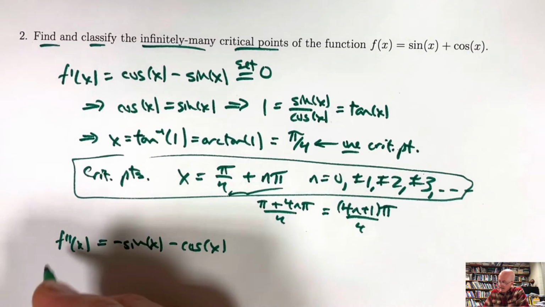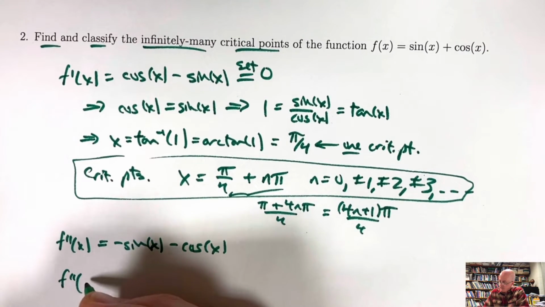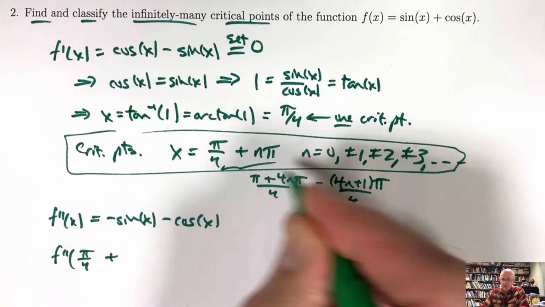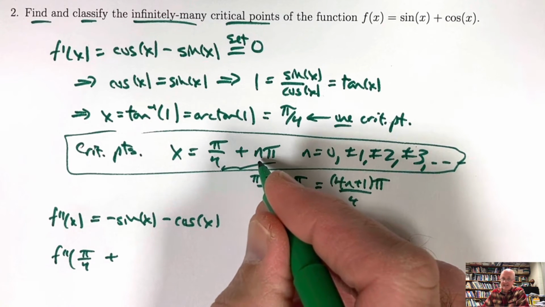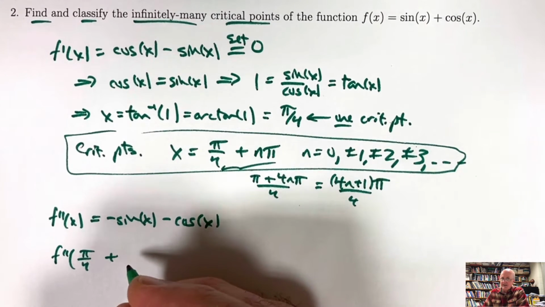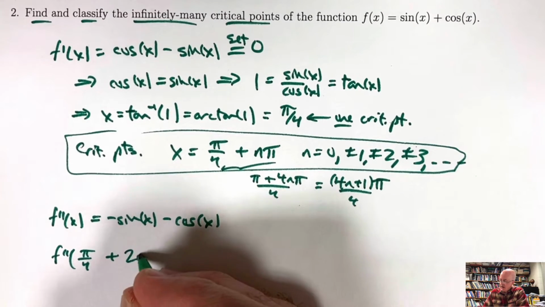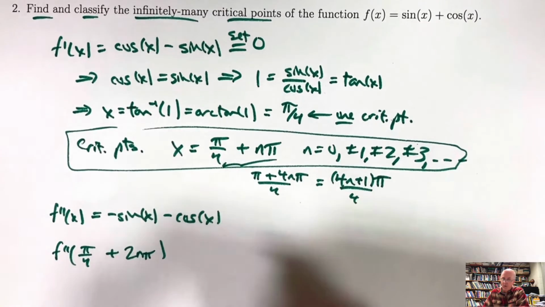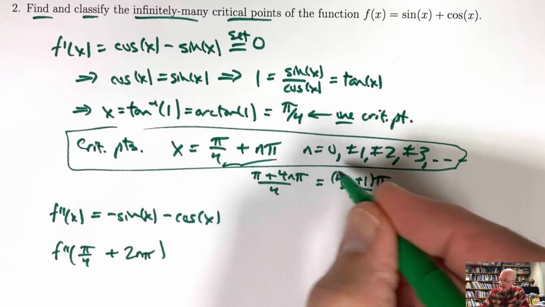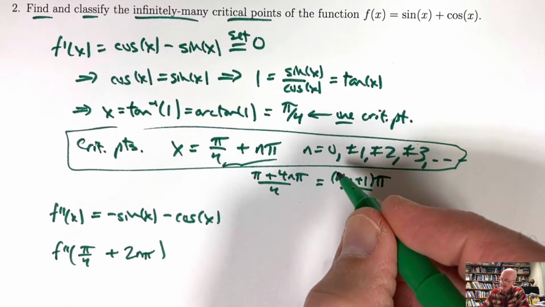If you plug in pi over 4 or any other answer here where n is even, I'm going to write this a little differently. I'm going to write 2n pi, where n can be any integer, corresponds to these answers when n is even.